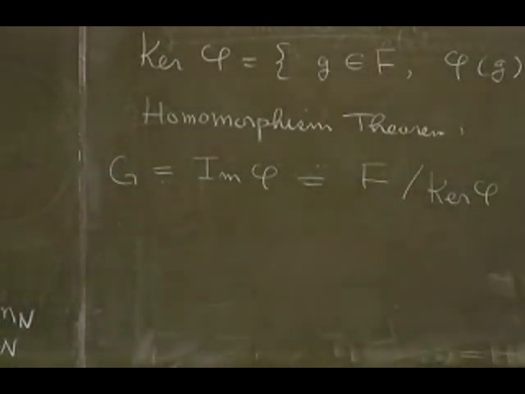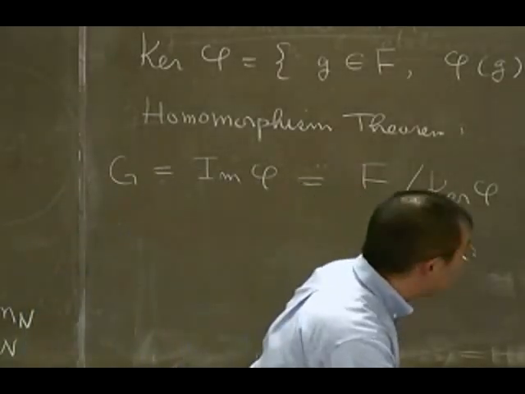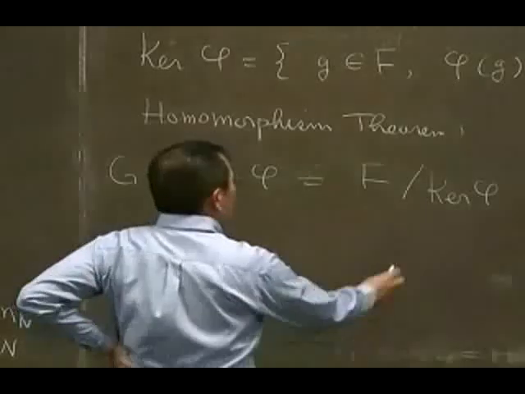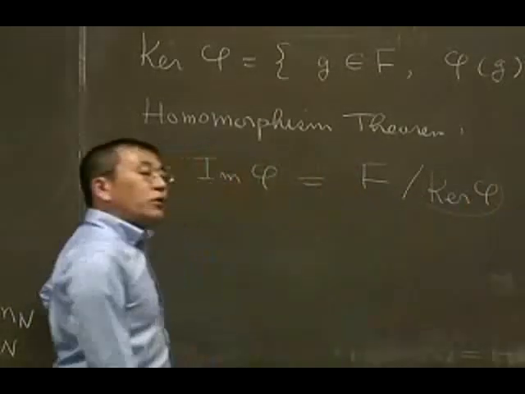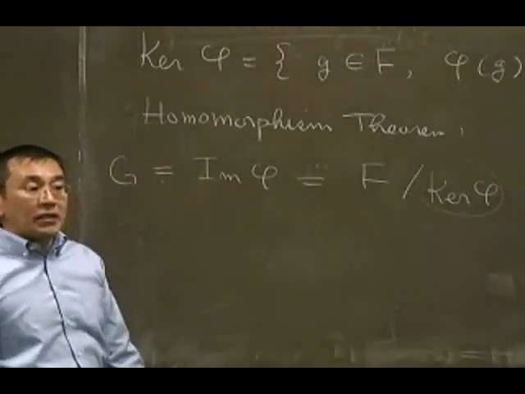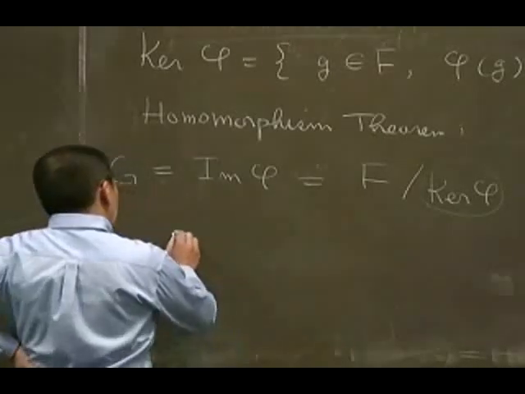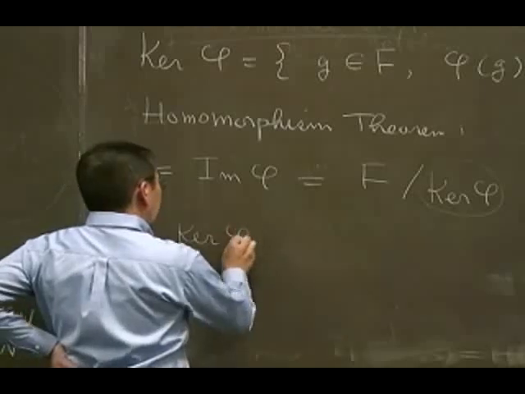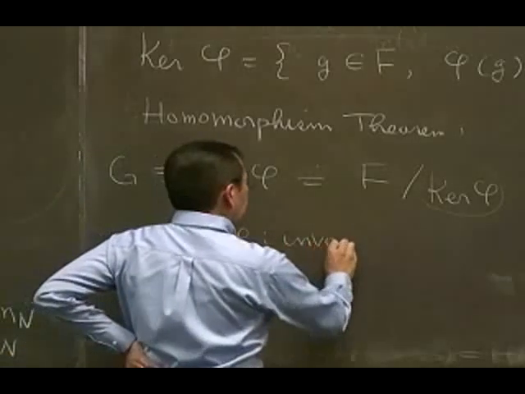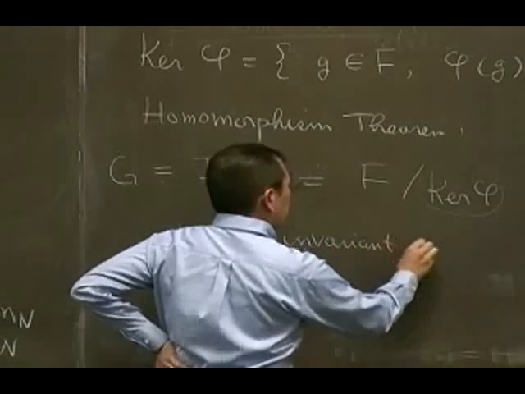Now, here I also have to introduce one more notion. That is that this kernel of phi is what we call in group theory an invariant subgroup, or normal subgroup, of F. So I should write: kernel of phi is an invariant subgroup.